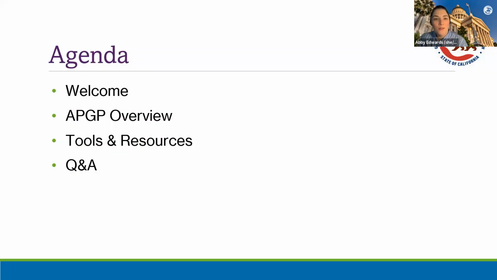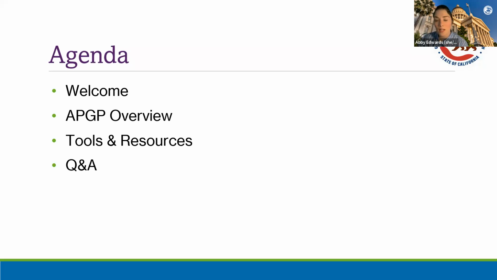I'll give you an overview of what this workshop will look like. This is part 2 of our 3-part series. We have a really exciting agenda. We're going to start by talking through the elements of the Adaptation Planning Grant Program. We'll go over a high-level overview, walk through the timeline, application components, and next steps.